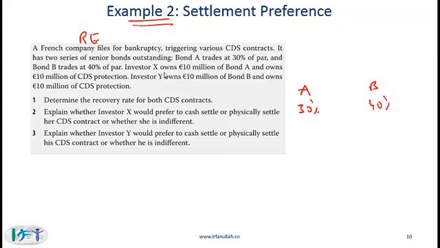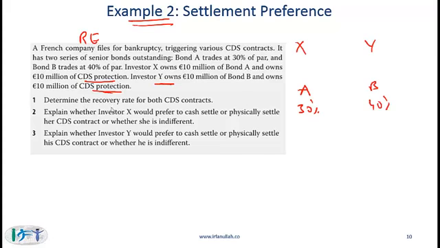Investor X owns 10 million of A and owns 10 million of CDS protection. So X is a protection buyer, and Y owns 10 million of bond B and owns 10 million of CDS protection. So both X and Y are protection buyers.